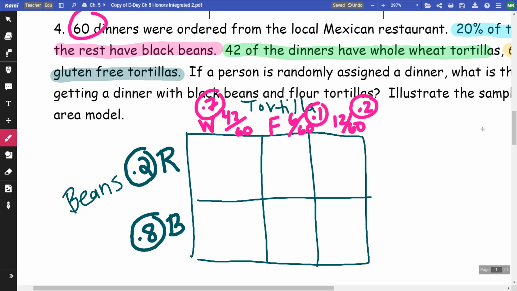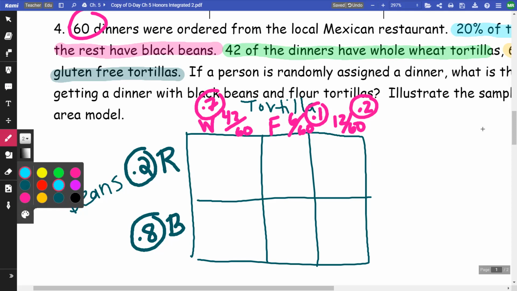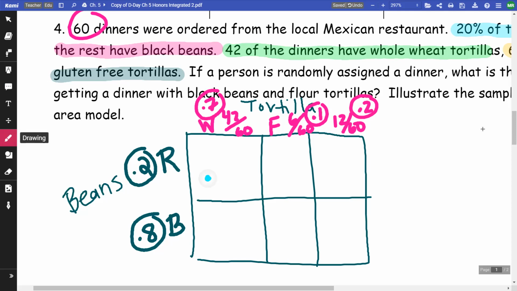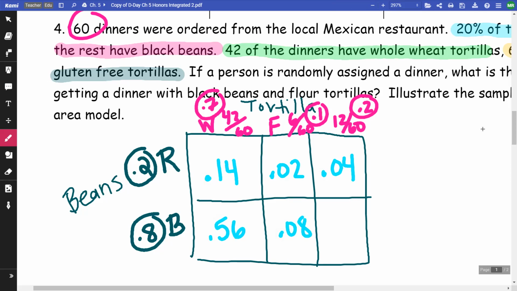And then I'm going to multiply these together. And so I am going to get 0.14, 0.02, 0.04, 0.56, 0.08, and 0.16.